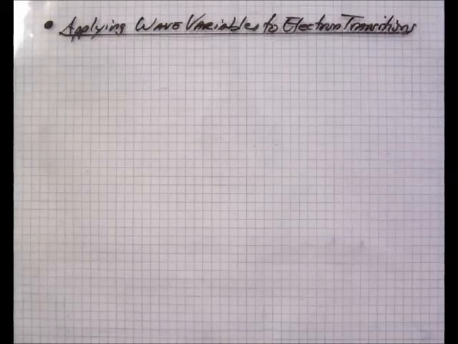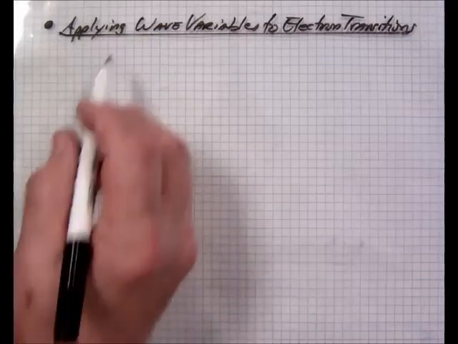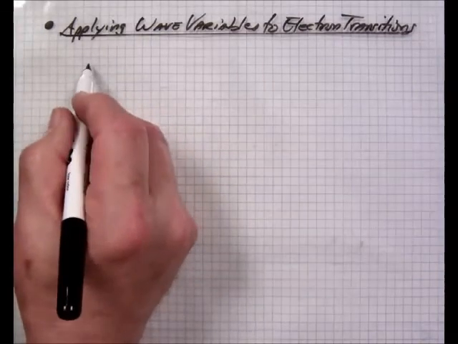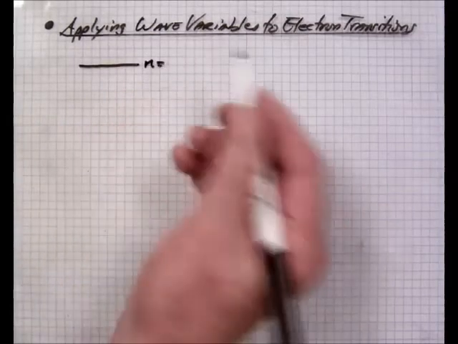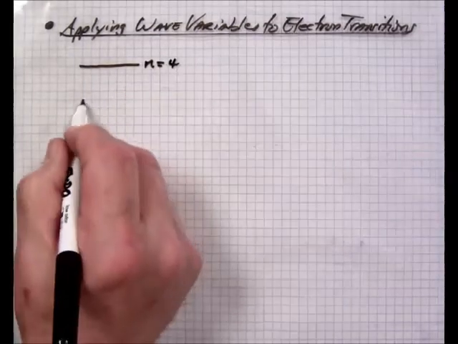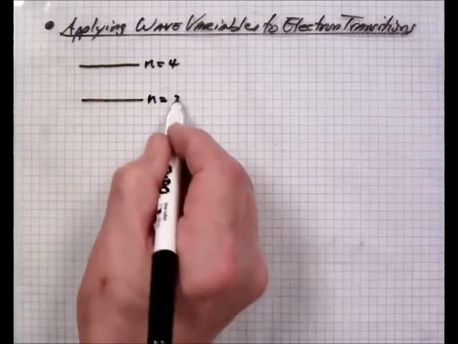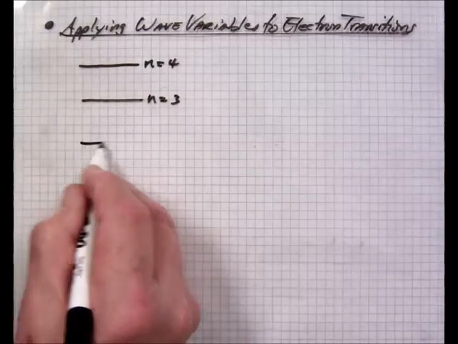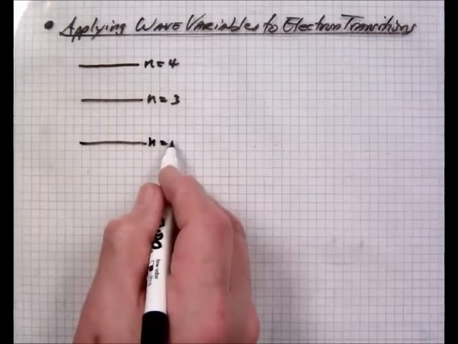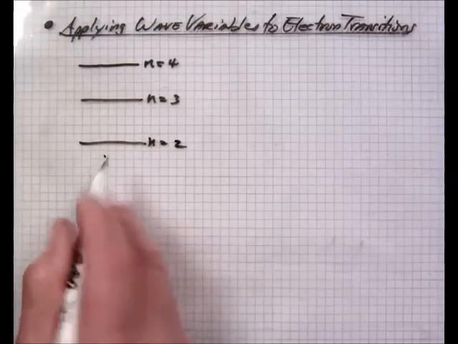And they're very specific, very classic type problems. Well, what we're going to do is take n equals 4, and then we'll take n equals 3, and n equals 2, and on down here we'll have 1.